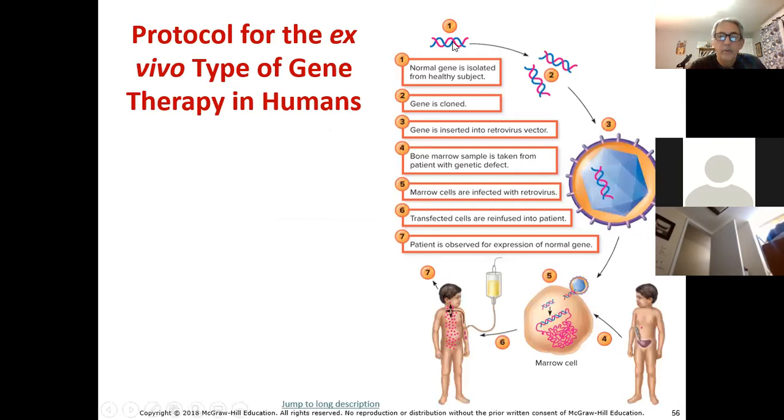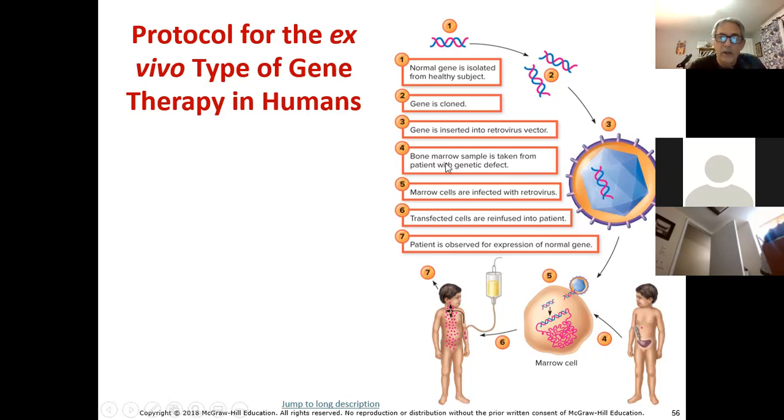So the basic protocol, in an idealized system, is that a normal gene is isolated from a healthy subject. You can then use DNA technology to clone that gene and insert it into a retrovirus vector, which itself has been genetically modified not to cause disease.